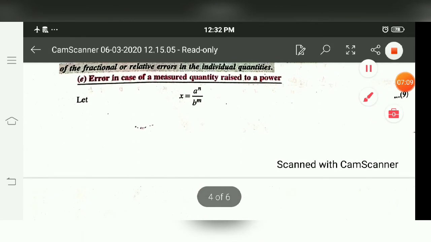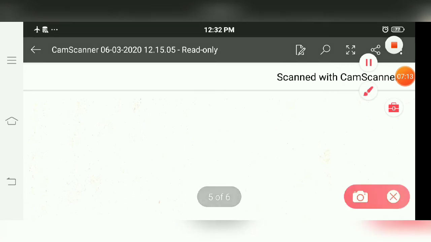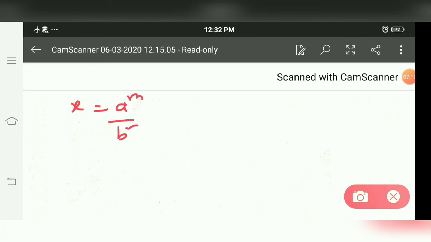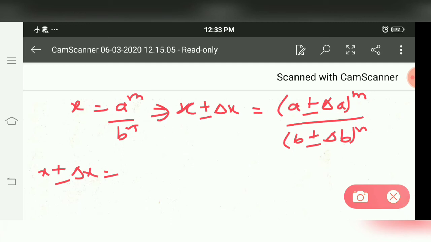Now in case of power, something raised to some power. Now x is equal to a raised to power m, b raised to power n. Again we can write x plus minus delta x, a plus minus delta a raised to power m upon b plus minus delta b raised to power n.